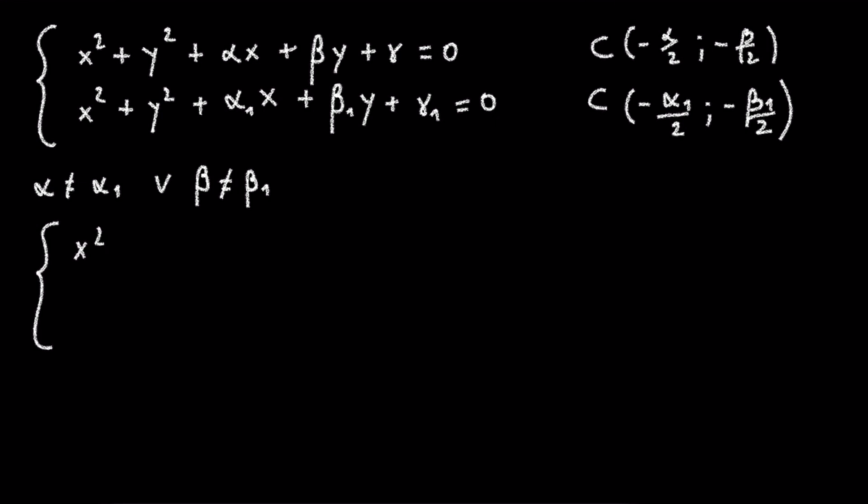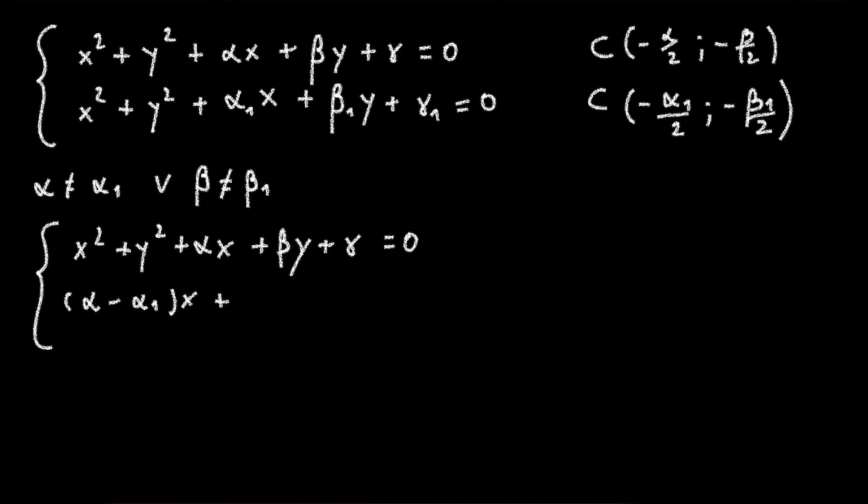So we can rewrite the first equation as it is, and then subtract one equation from the other. We will get alpha minus alpha 1 x plus beta minus beta 1 y plus gamma minus gamma 1 equals 0.